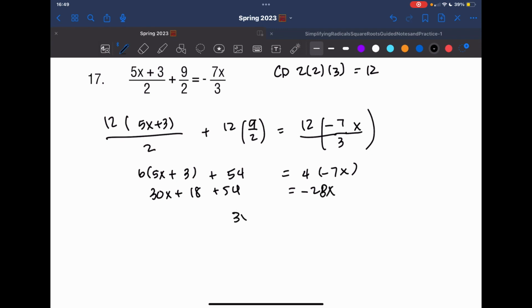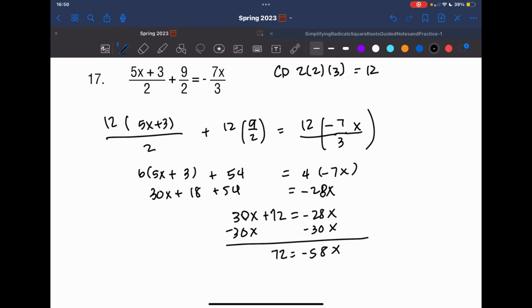And then you have 30x plus 72 equals negative 28x. I'm going to subtract 30x from both sides. So now I have 72 equals negative 58x.